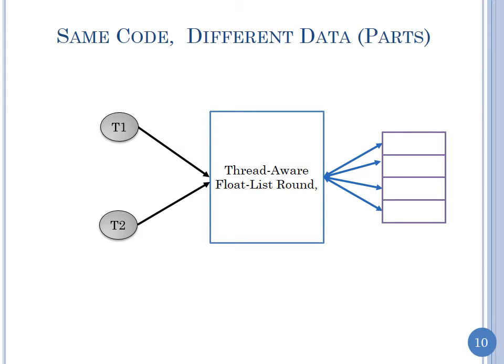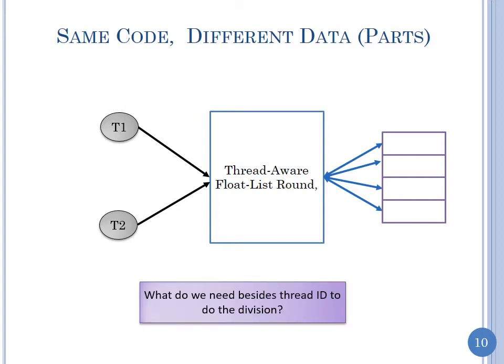We want to have a thread-aware float code here, and we're trying to determine the parameters. So we need a thread ID because we can make a decision based on the thread ID for sure. What other parameters do we need?